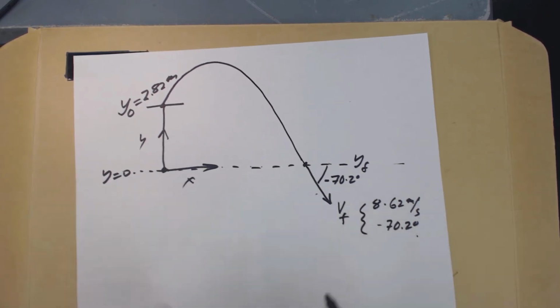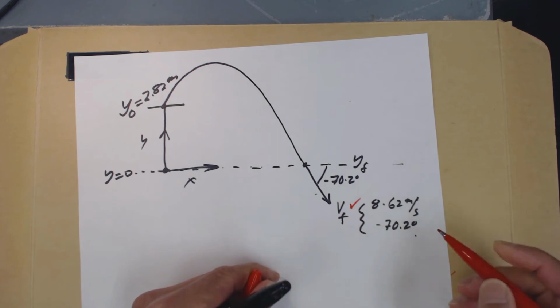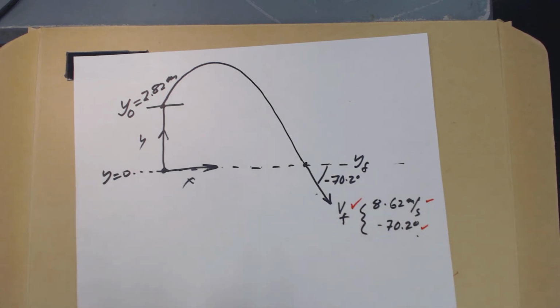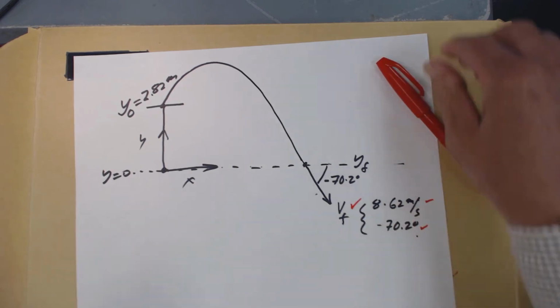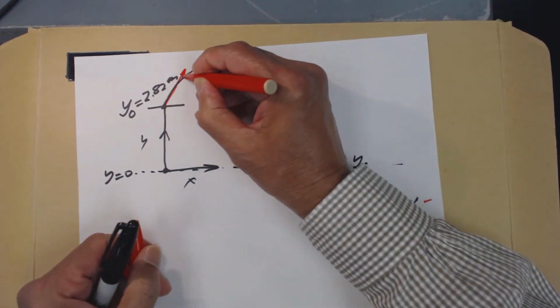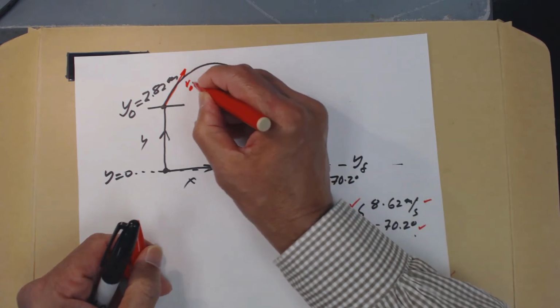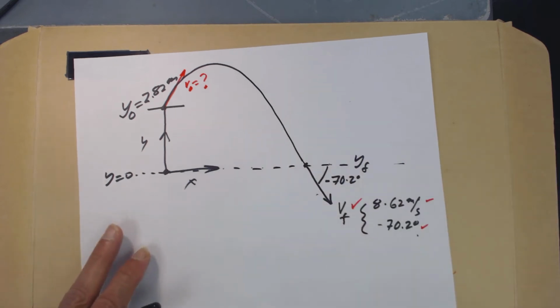They give us a V final, and I'm marking that V final is given, angle and magnitude. What do they ask? They ask, what is V0? V0 equals what is the question. So I'm drawing the problem.